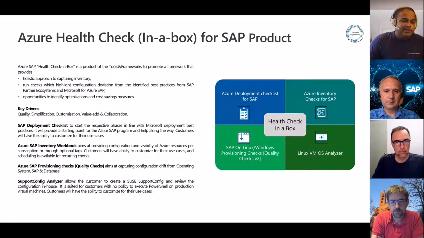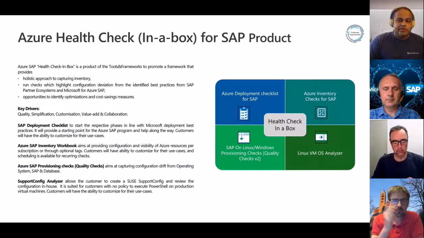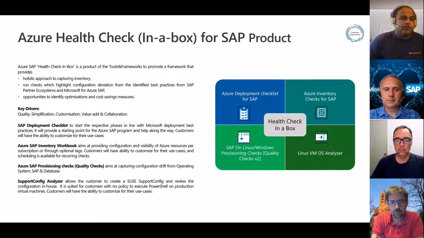These are the different phases an SAP on Azure program will go through. So this checklist will help you to ensure, as Goran mentioned, you are connected to the latest innovation and best practices from Azure, and you are aware of what can be done in the next cycle of your minor or major release. The second component is really Azure inventory checks for SAP.